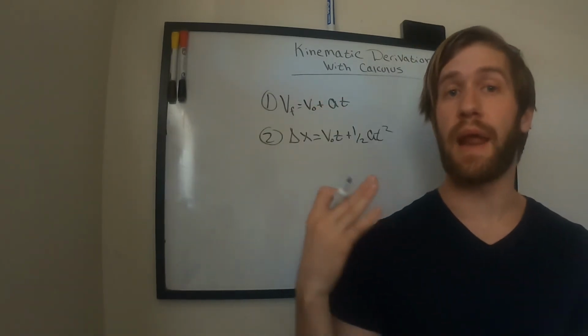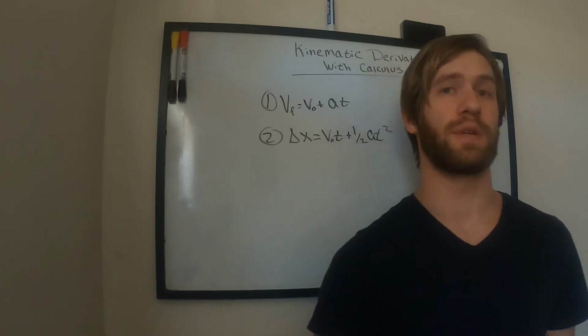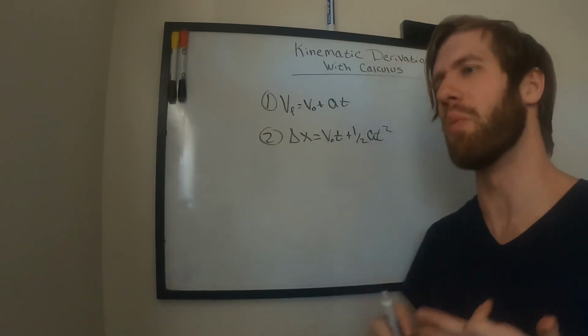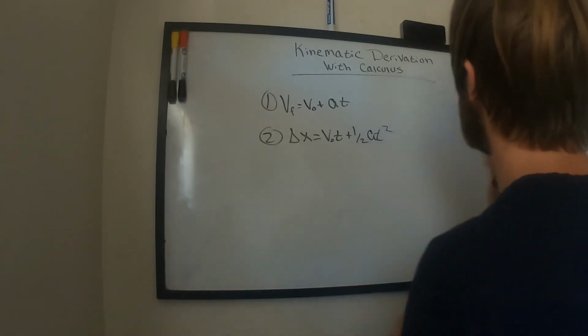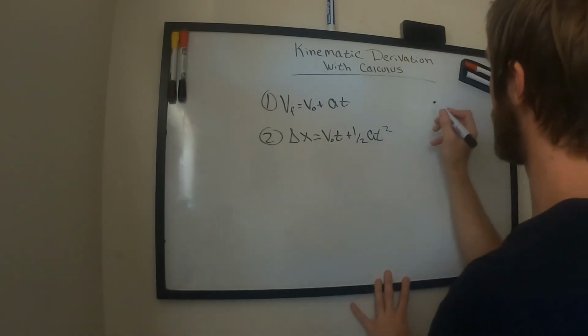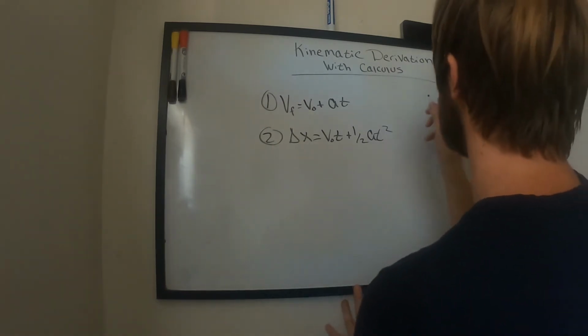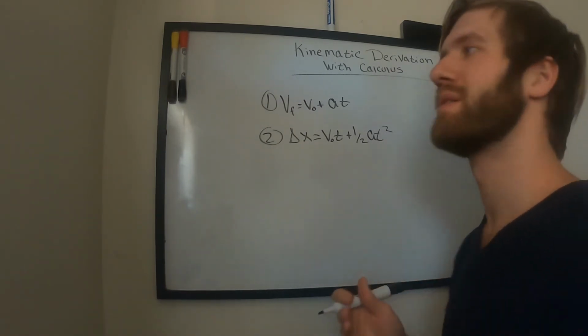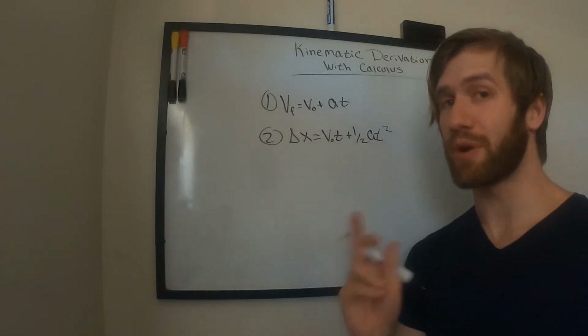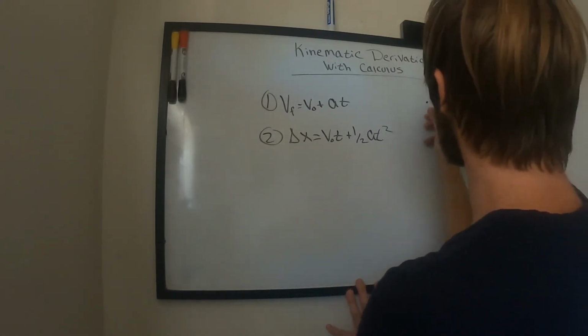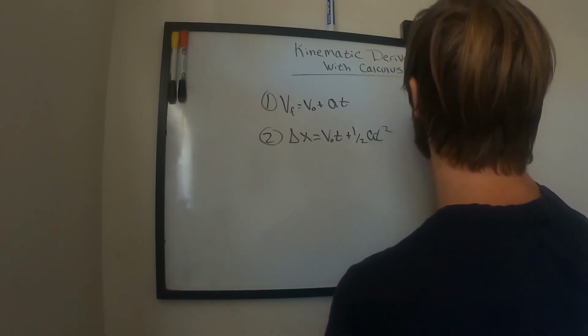All right, and now for the third equation of motion. Now this one requires a couple more steps, but it's no more challenging. So how do we do that? We are going to define velocity and acceleration again. And this time we're going to put them in terms of t, because as we established in the previous video, this is the time-independent equation, so we can't have t in our equation here.